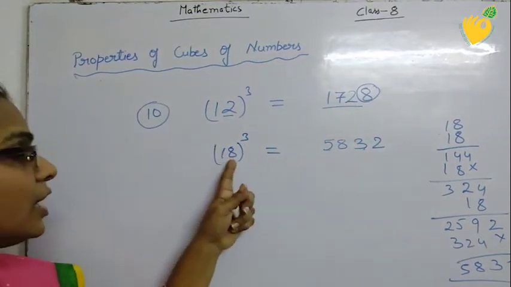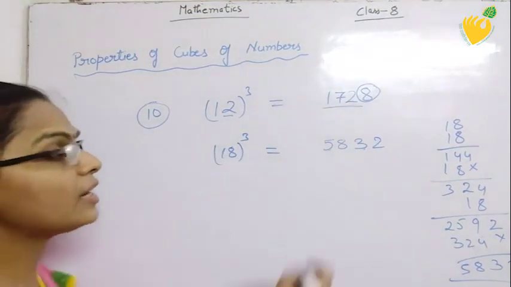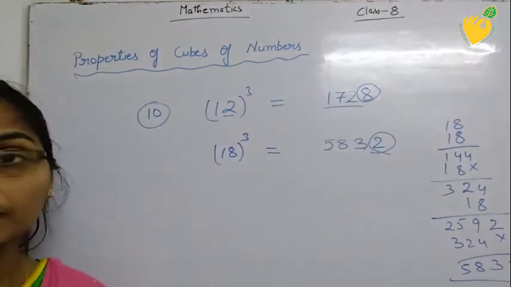Any number which ends with the digit 8, then the cube of that number will end with the digit 2.